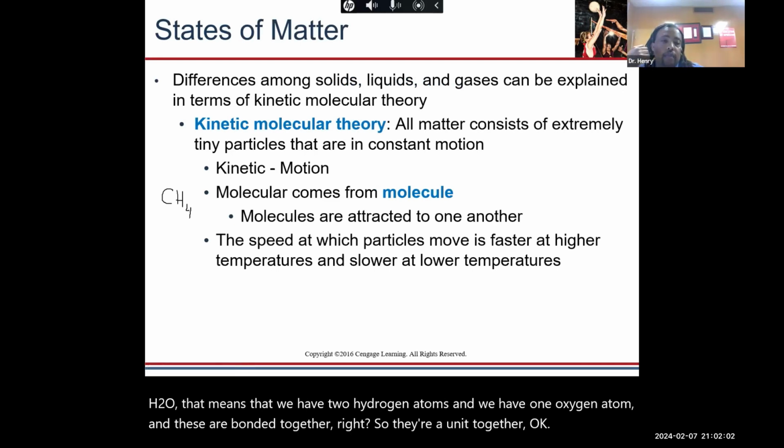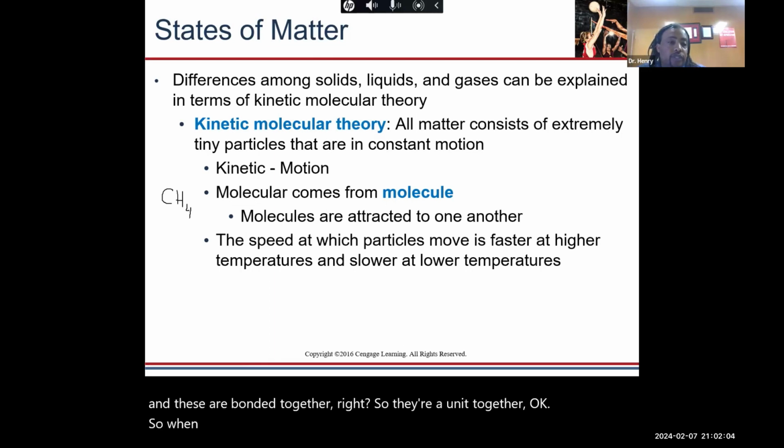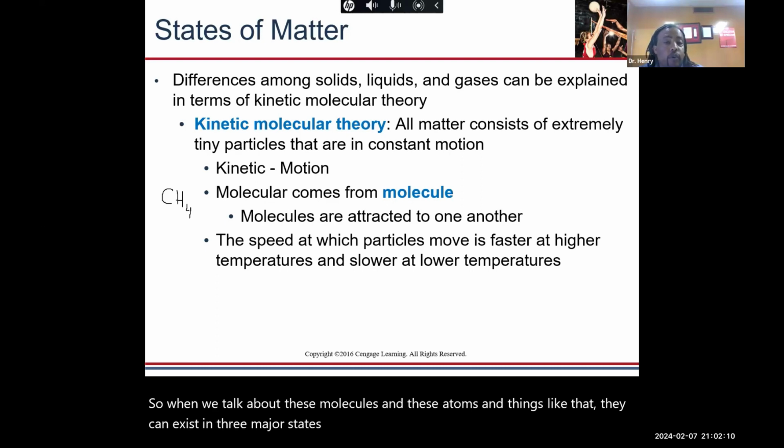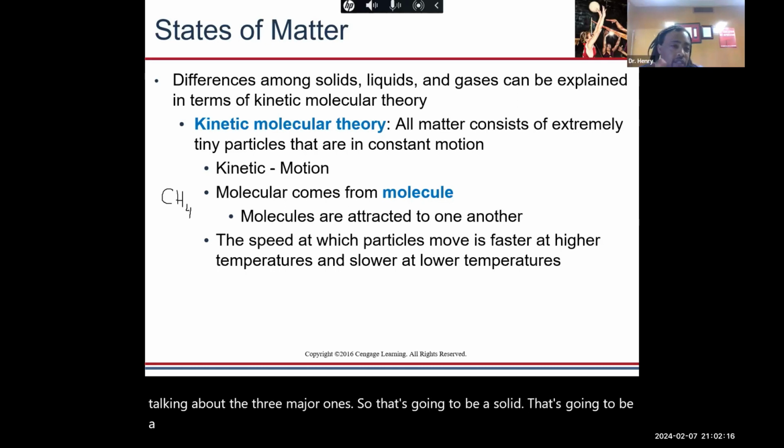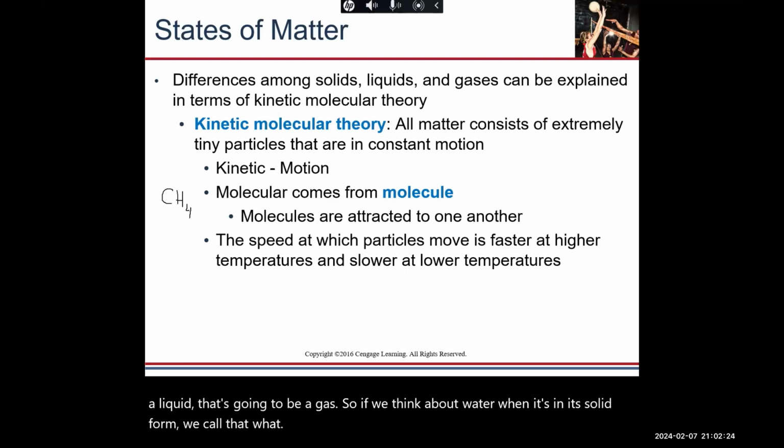So when we talk about these molecules or these atoms, they can exist in three major states. There's technically four, but we're only going to be talking about the three major. That's going to be a solid, a liquid, and a gas. So if we think about water, when it's in its solid form, we call that what? Ice.